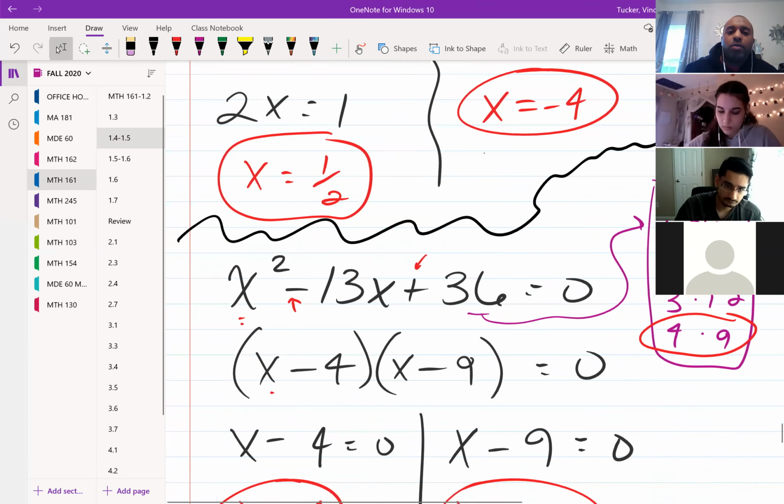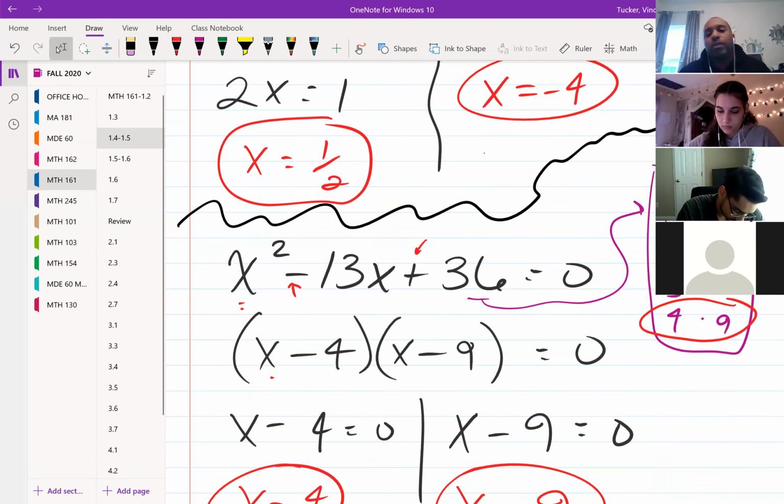All right, so the next one, we have x squared minus 13x plus 36 equal to 0. So 0 is already on one side. We have x squared, so the factorization would just be x and x. Then you want the factors of 36 that will add together to give us 13. Because we have a positive sign at the back, both of our signs will be the same, and the first sign tells us they should both be minus.